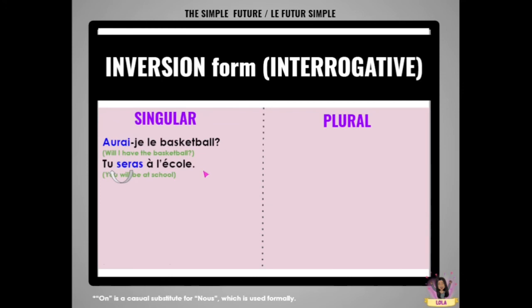Tu seras à l'école. Flip those and it becomes seras-tu à l'école? Will you be at school? Il ira en vacances becomes ira-t-il en vacances? Notice that I put the T in there. Just wanted to remind you of that. The dash is in there and then the question mark. Will he go on vacation?